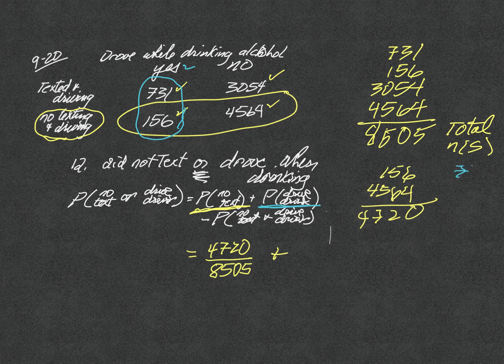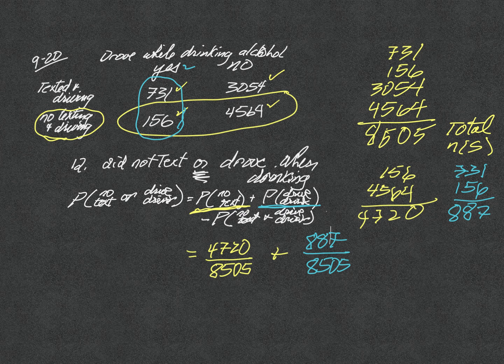So 731 plus 156 is 887. That means there were 887 of them divided by the total 8,505. And so now we have the probability of that group.